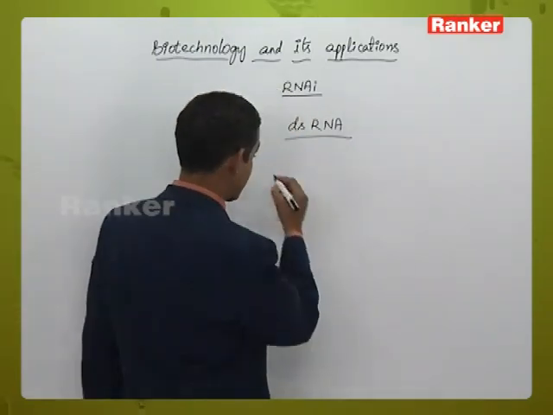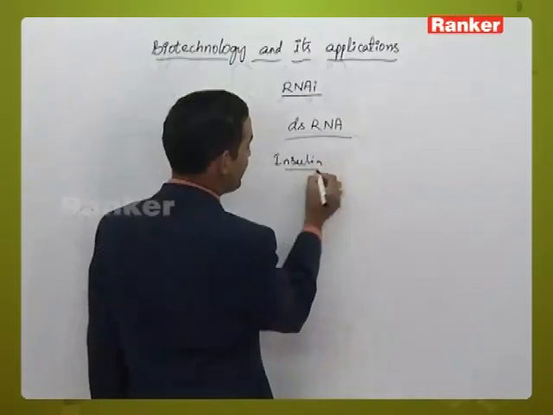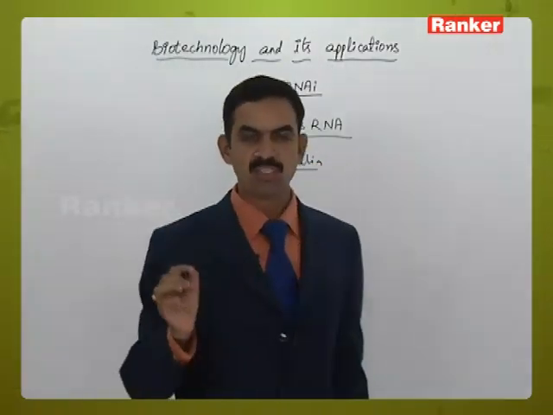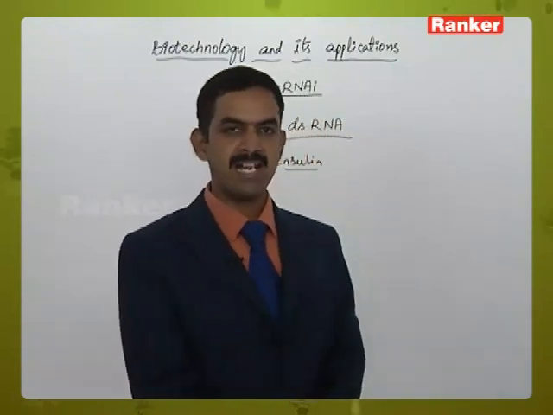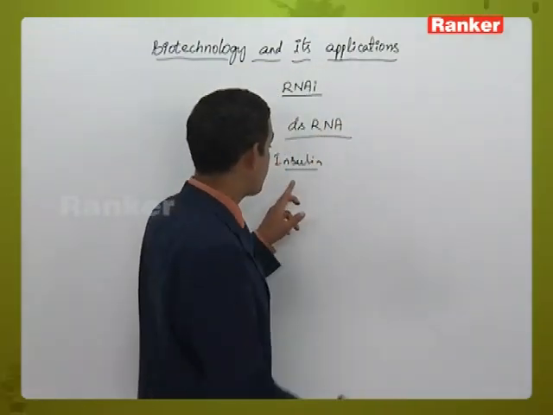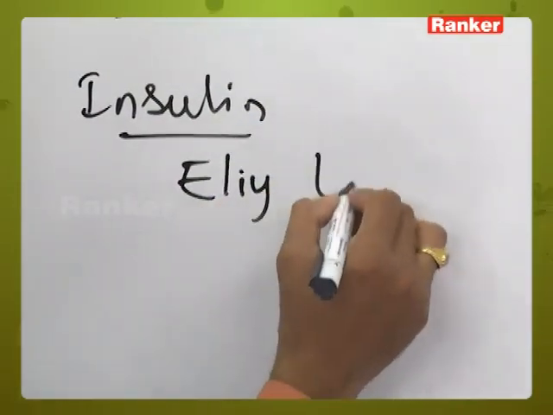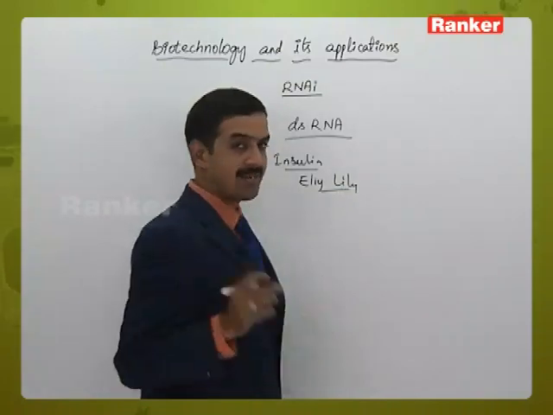Then the next one is related to the production of insulin. We know that insulin controls the sugar levels in blood and urine in human beings. It is produced by a company called Eli Lilly, an American based company.